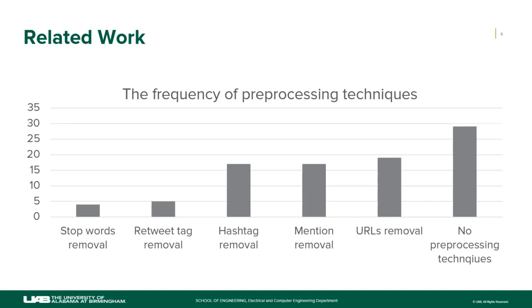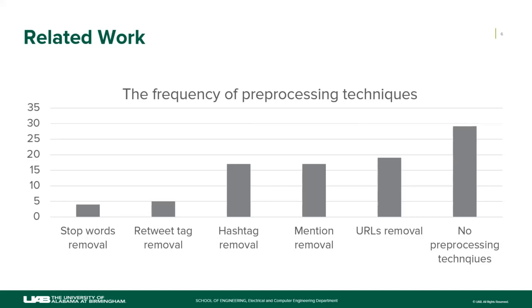The chart shows the frequency of considered pre-processing techniques based on the literature review. We found that at least 29 papers did not apply any pre-processing technique. For the pre-processing techniques, one of the most applied is URL removal, which was done 19 times.